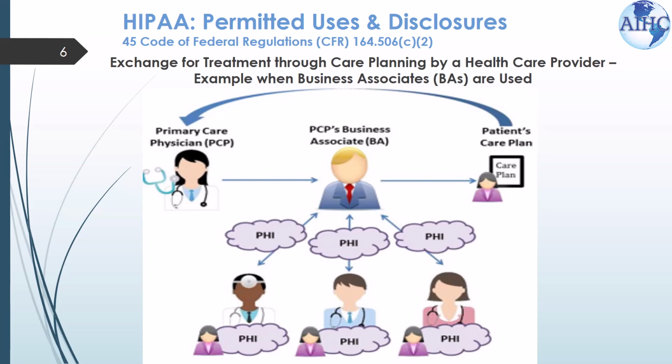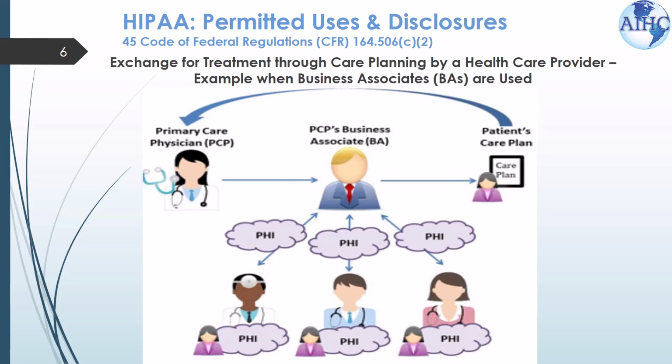In this scenario, a business associate agreement, or BAA, is only required between the covered entity that hires the BA and the BA. The responding covered entities may make permissible disclosures directly to the provider's BA for the provider's care planning purposes, without the need to execute their own BAA with the care planning company, just as they could share this information directly with the provider.